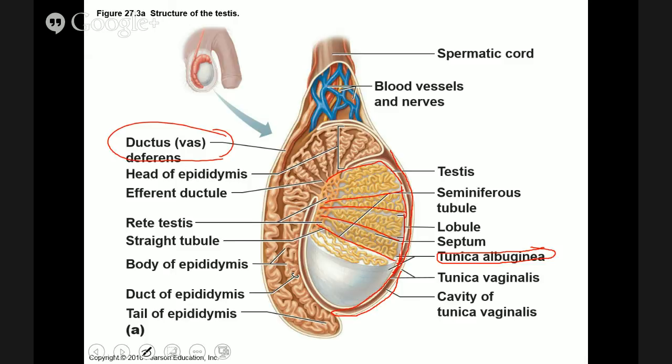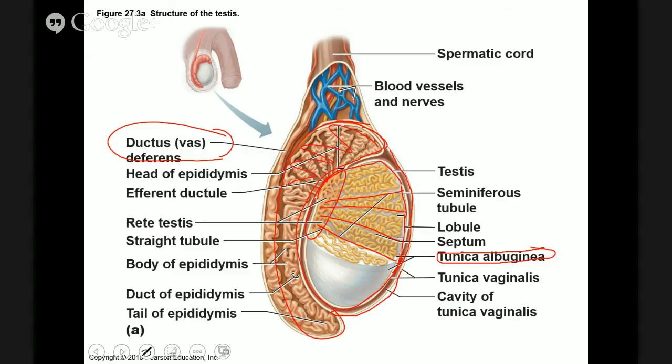Once they have developed and matured, they make their way to the next area, which is the rete testis, and the rete testis will lead to the epididymis, this structure right here.